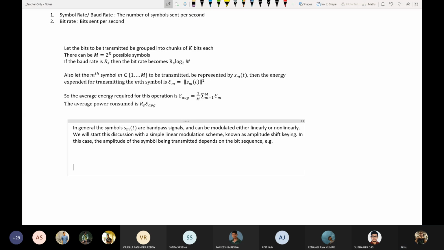Let us consider the symbol duration to be 0 to capital T seconds.